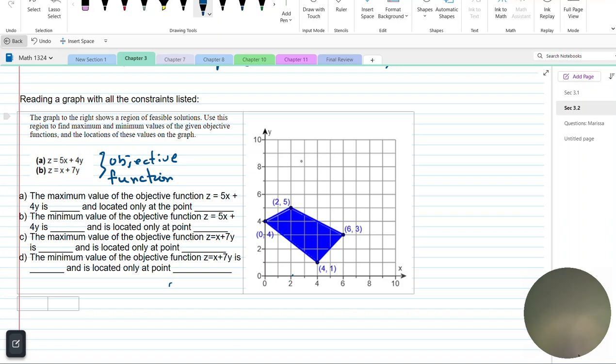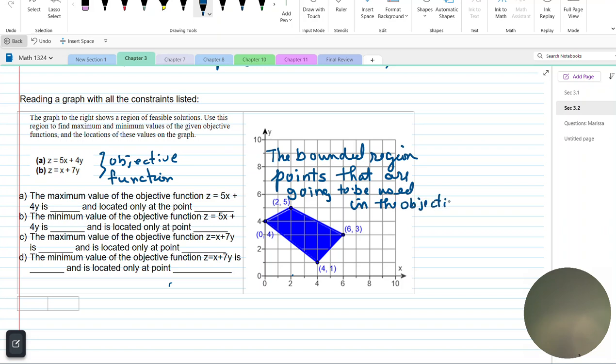What we need to know are the bounded region points that are going to be used in the objective function.